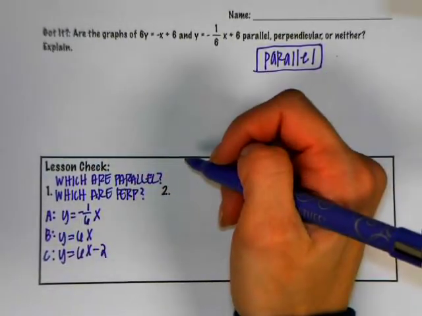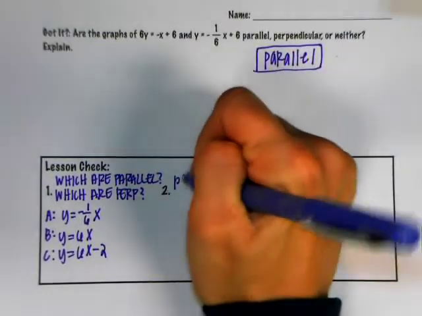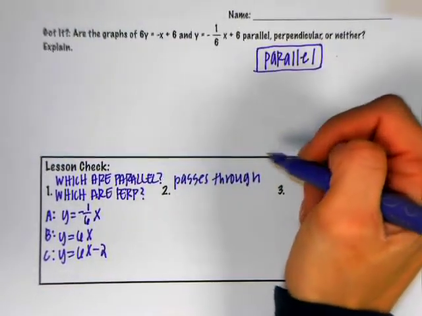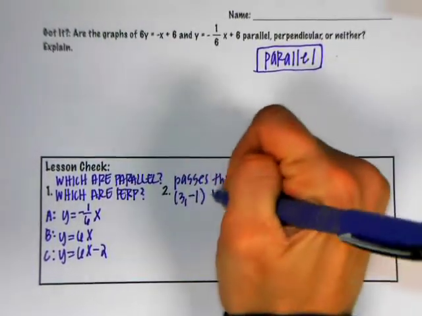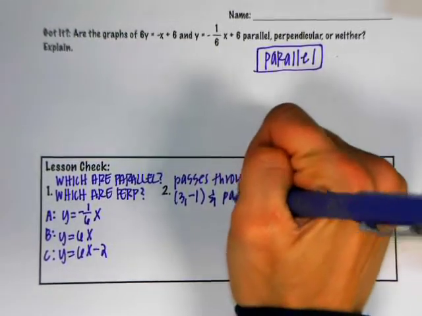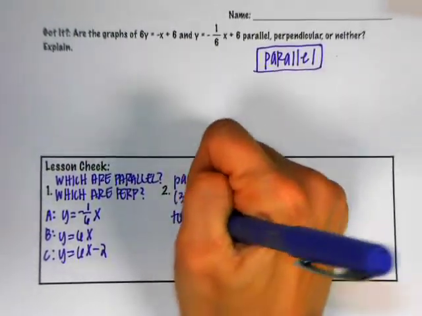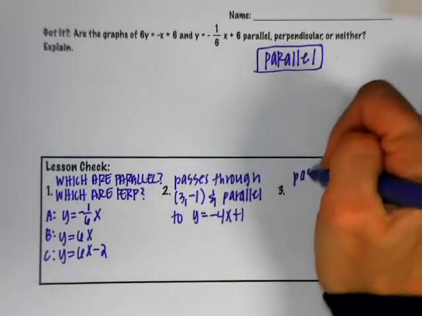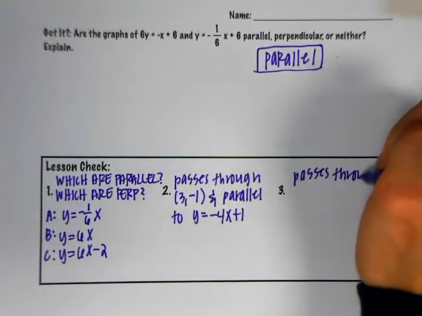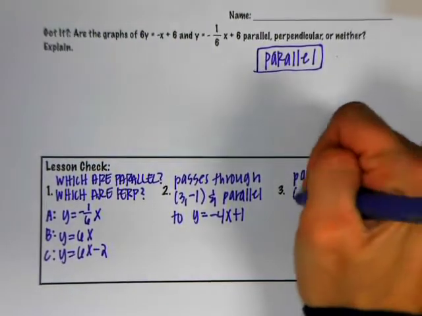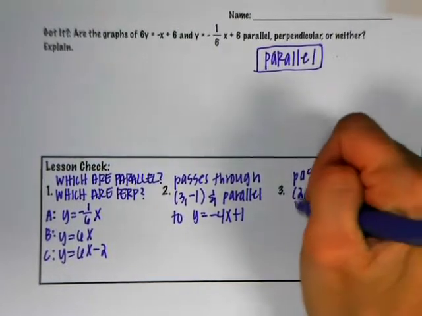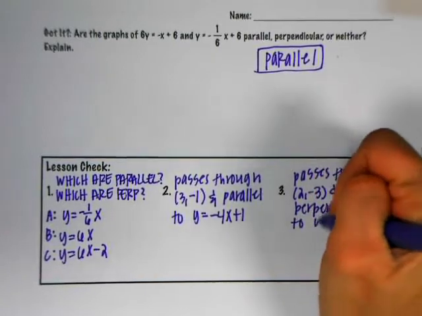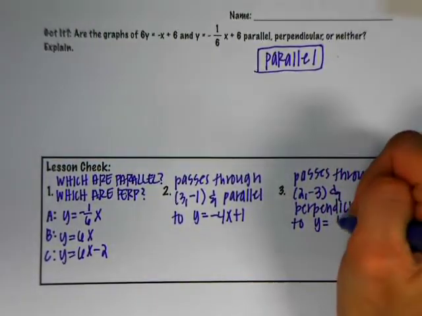Number 2, you're writing an equation that passes through (3, -1) and is parallel to y equals negative 4x plus 1. And then number 3 passes through (2, -3) and is perpendicular to y equals 1/2 x minus 5.